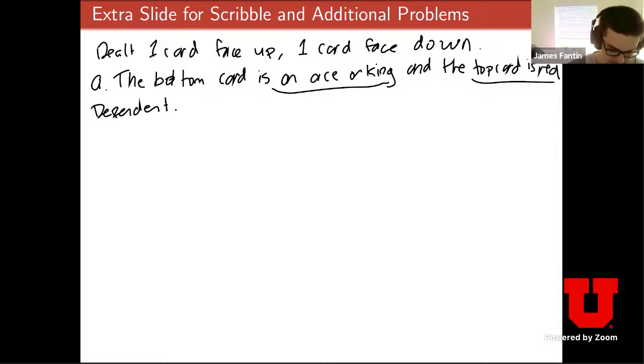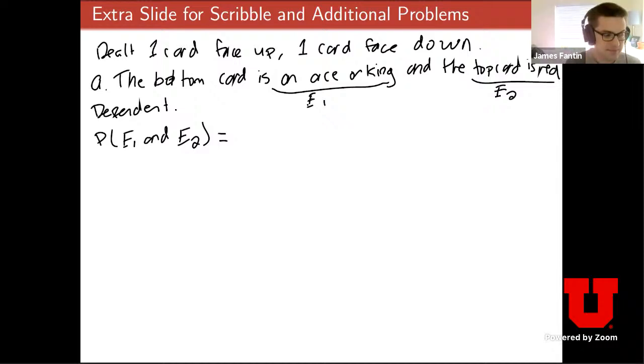So what we have is, let's call this event E1, that the bottom card's an ace or a king, and this event E2 if the top card's red. Then what we have is that the probability of E1 and E2, we have some formula for that. If we have dependent events, does someone want to say what this is equal to if events are dependent?